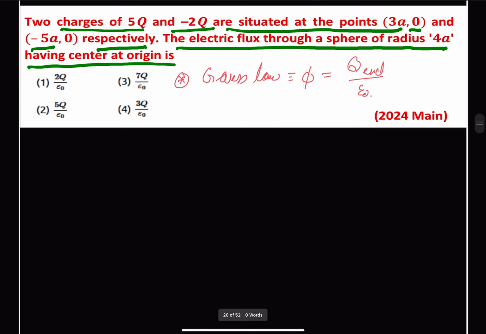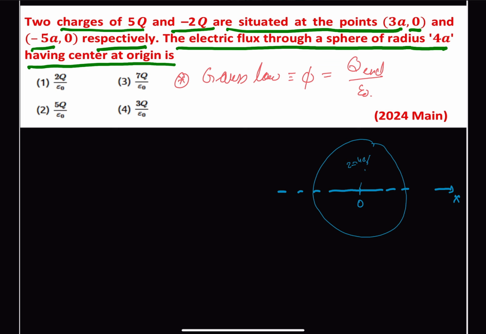So let us draw the sphere: this is suppose our x-axis, and this is center origin O, and radius is our 4a, that is r is equal to 4 times a.